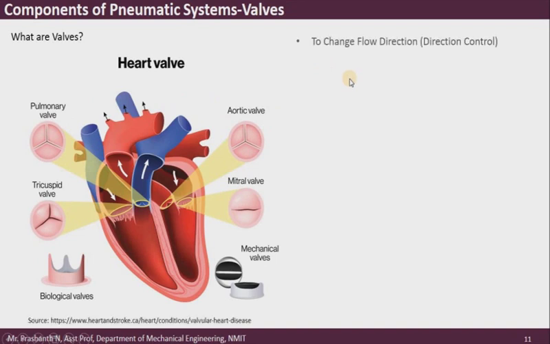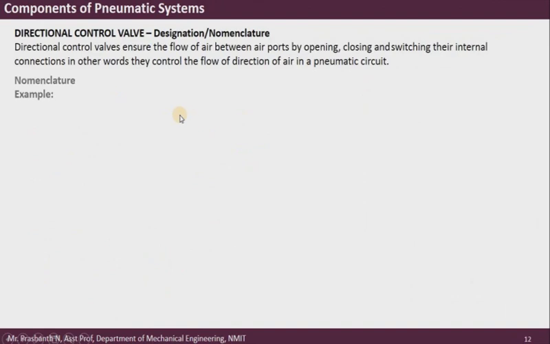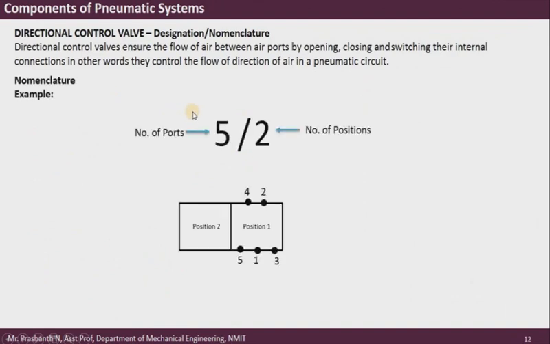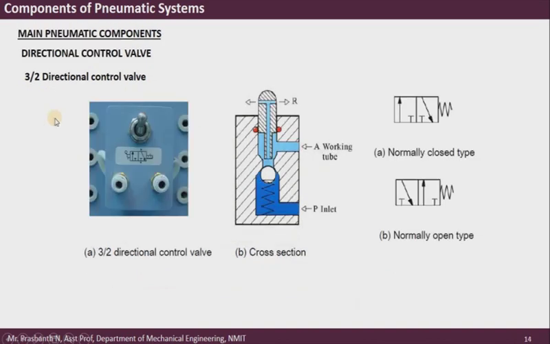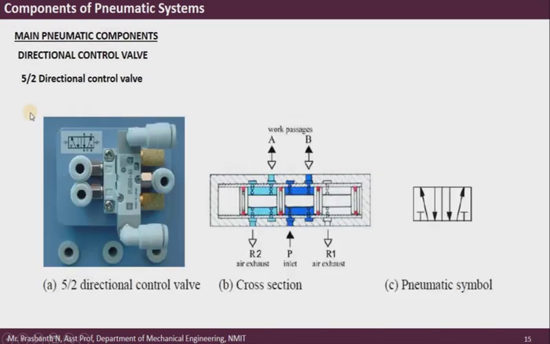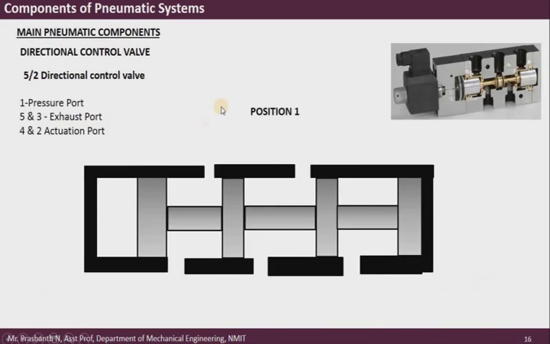We have discussed the functions of the valves, and later on we also discussed the nomenclature of the valve and the functioning of different types of direction control valves. That is 2x2 direction control valves, 3x2 direction control valves, and 5x2 direction control valves. We discussed these in detail.